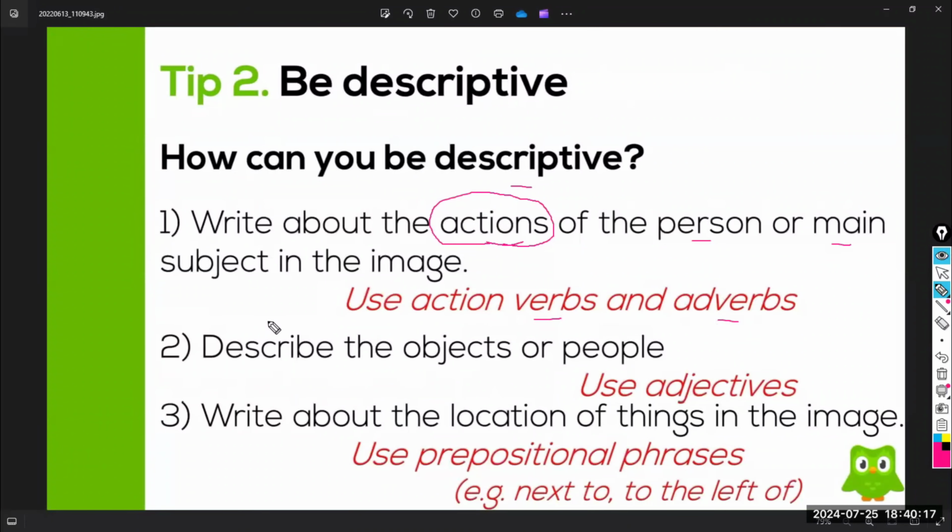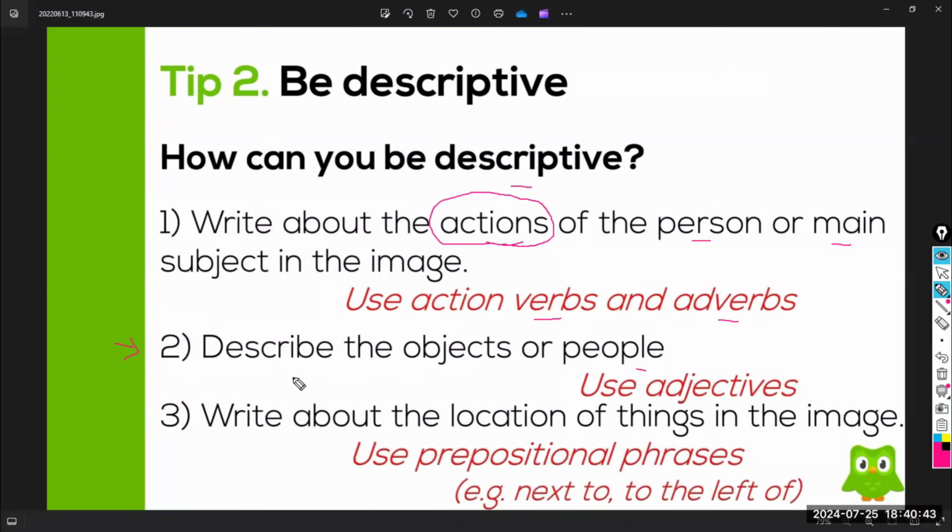For example, like run, play, drink, eat, talk, walk. All these verbs are action verbs because they are talking about movement. Now, to describe the objects or maybe people, I have to write action adverbs.